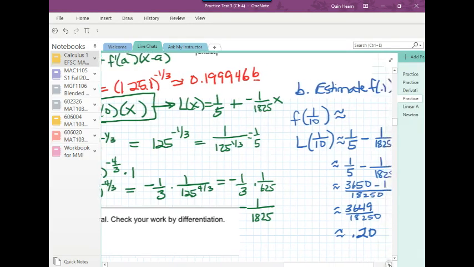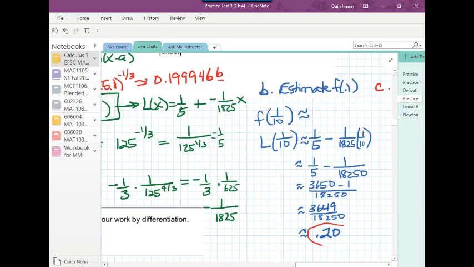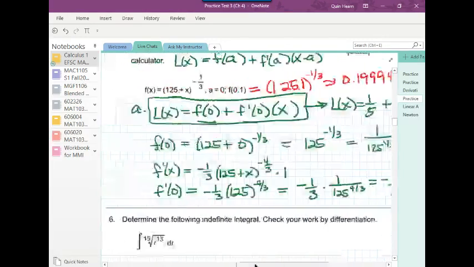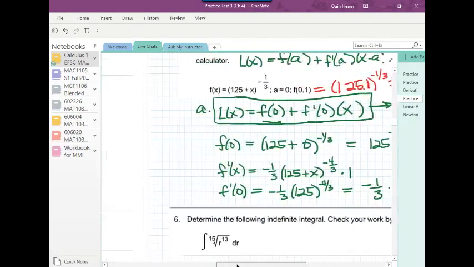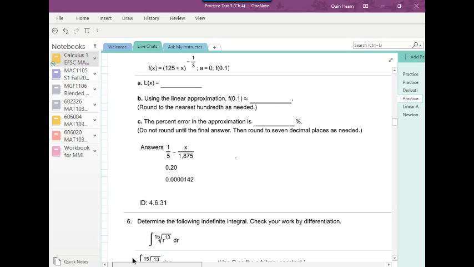Okay, approximation minus exact over exact. 0.20 minus the exact, divided by the exact, equals... getting a different value than they got.